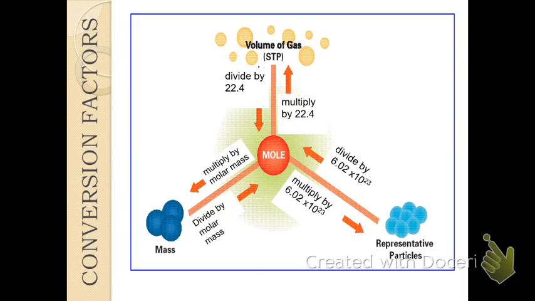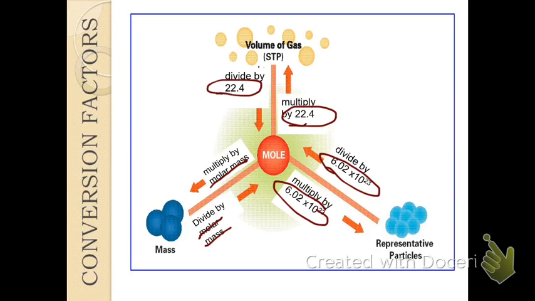The only number that fluctuates is the molar mass. And that fluctuates because that all depends on what the compound is. The rest of these numbers stay the same. Avogadro's number doesn't change, and the STP volume number doesn't change, okay?